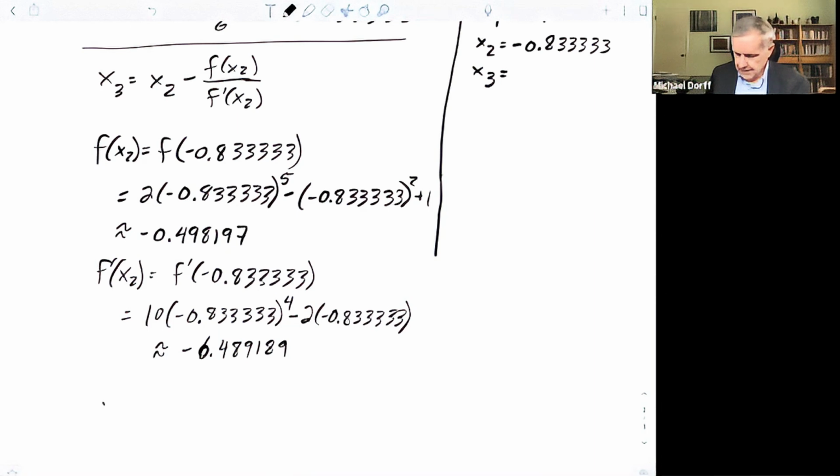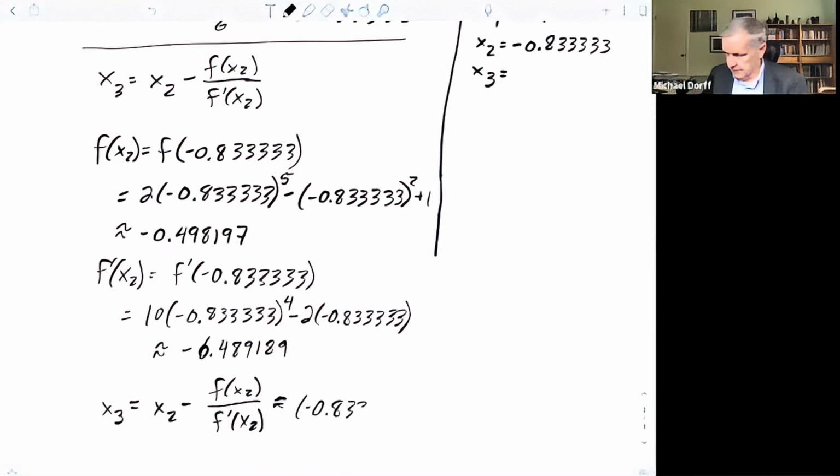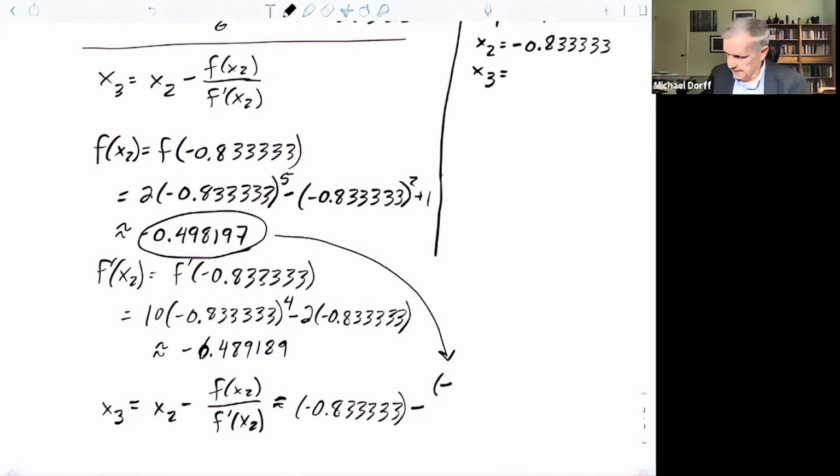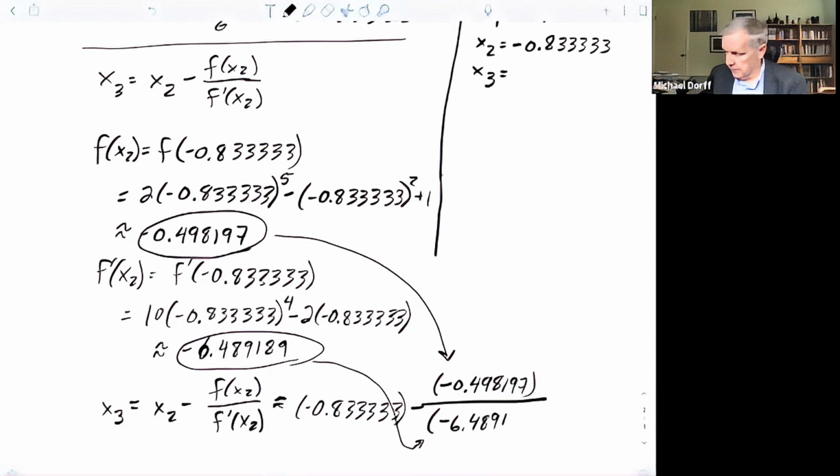And so then x sub 3 is going to be equal to x sub 2 minus f of x sub 2 over the derivative at x sub 2. So if I plug those numbers in here, x sub 2 was negative 0.833333 minus, and then f of x sub 2 we had up here, which is going to be 0.498197 over, and then down here I've got this number as negative 6.489189.